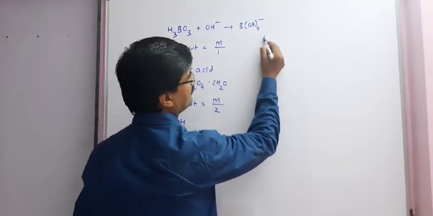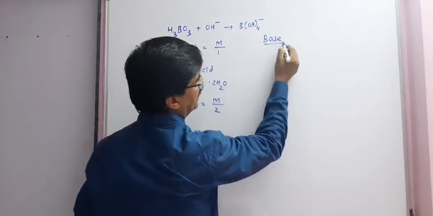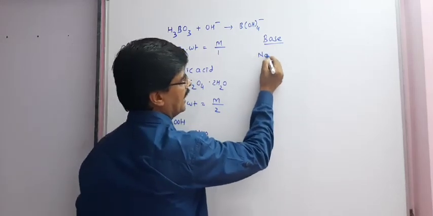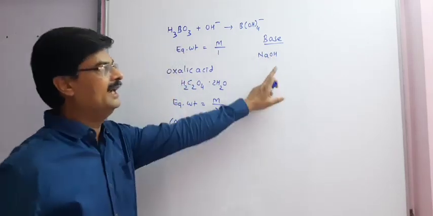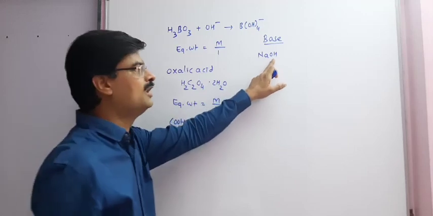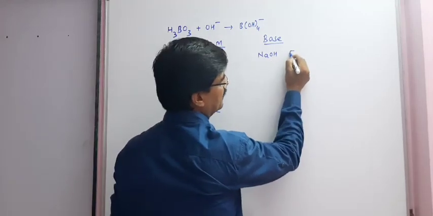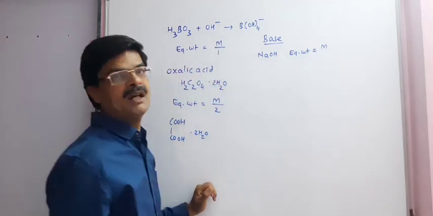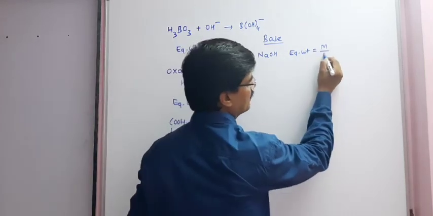Now for bases, equivalent weight of a base. First, NaOH. As NaOH has only one OH, we can find its equivalent weight by dividing the molar mass of NaOH by 1.